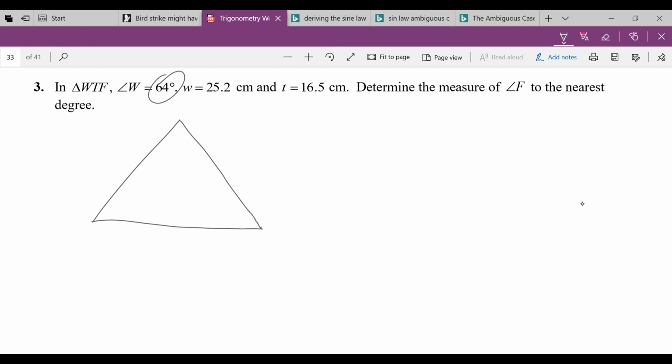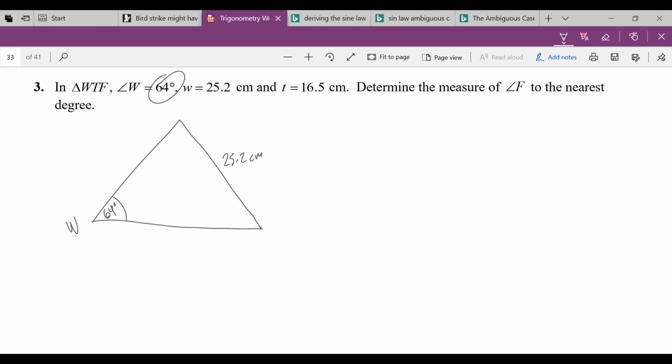W is 64 degrees, so why don't I just arbitrarily label that as W, and there's 64 degrees. Side w, that's the opposite side here, is 25.2 centimeters. Little t is 16.5 kilometers.